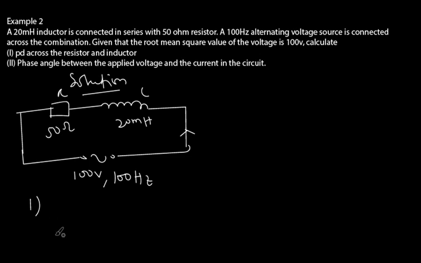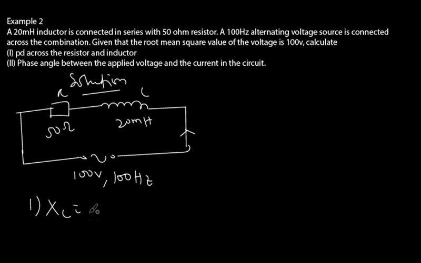Okay, so the first aspect of the question is telling us to find the potential difference across the resistor and the inductor. Now, for us to find the potential difference across, we need to get the reactance and the resistance, which is what we already have. So for this first part, let's find XL, the inductive reactance.